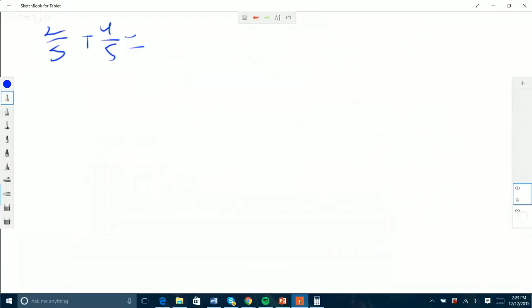As you can see, 2 over 5 plus 4 over 5 is 6 over 5. Now, guess what? Some of your teachers might ask you to simplify, and that's going to be 1 and 1 over 5. Now, those are called mixed fractions. Mixed fractions are whole numbers combined with a fraction. See?